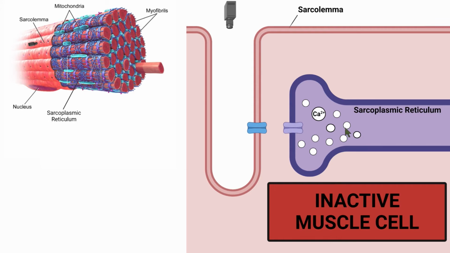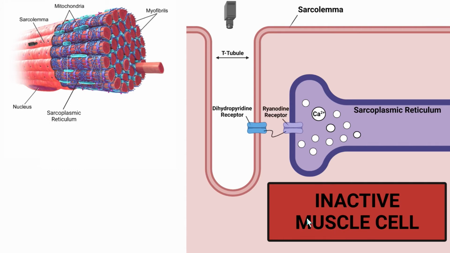So calcium is found in the sarcoplasmic reticulum, and there's a lot of the sarcoplasmic reticulum that stretches across the entire musculature. And we have this inactive muscle cell, and really I'm putting that in quotations, because do we really have an inactive muscle cell ever? Not really, but in terms of how we're going to be defining things as contraction and non-contraction, this is an inactive muscle cell, so it is not contracting.